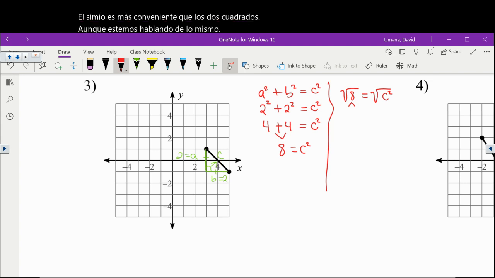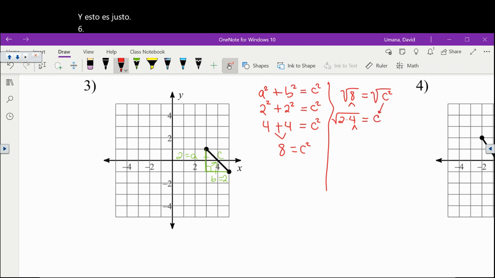Okay? So in here, this becomes 2 times 4. And this is just C. 2 is prime. So this becomes 2 times 2 times 2.